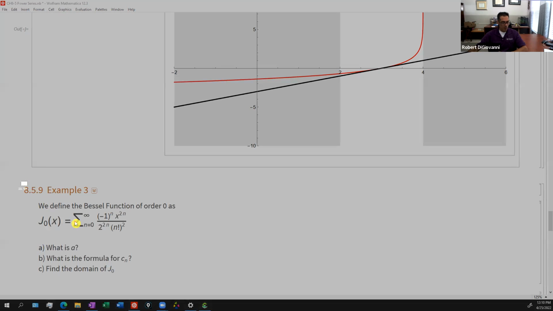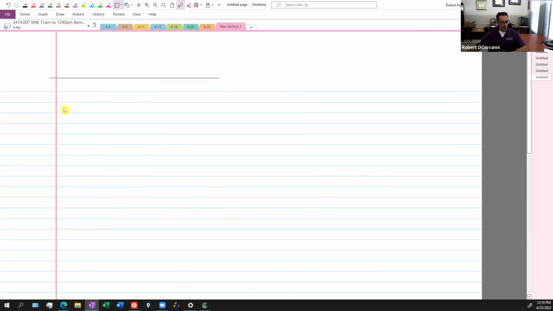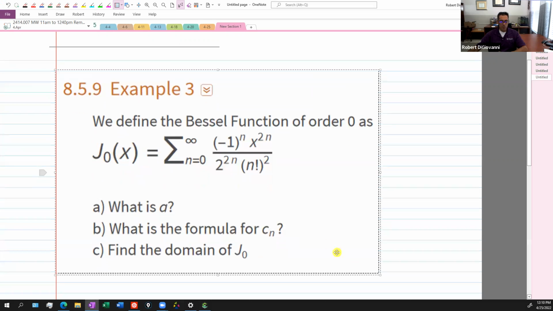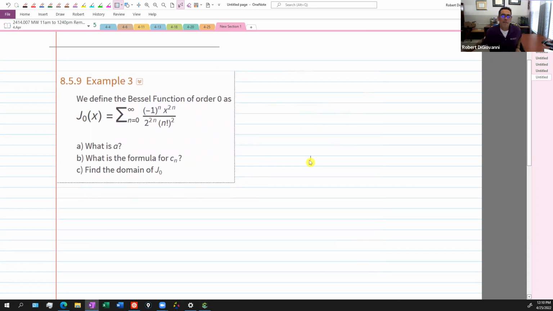This is an example of what's called a Bessel function. Bessel functions are used in harmonics to model waveforms. If you were to take a drum, right?